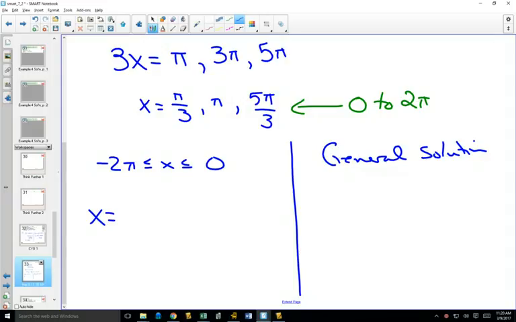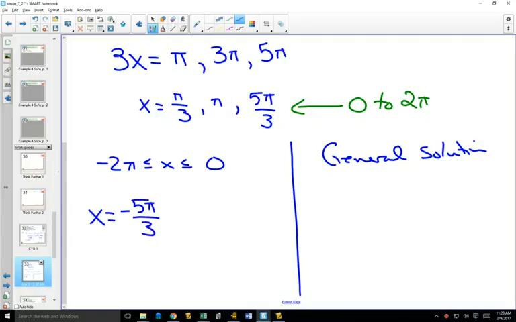And I like to think that way because then I can say to myself, well, what is the pi over 3 family member in quadrant 4? Five pi over 3. So if I was going in the negative direction, then the angle coterminal with pi over 3 is going to be negative 5 pi over 3.